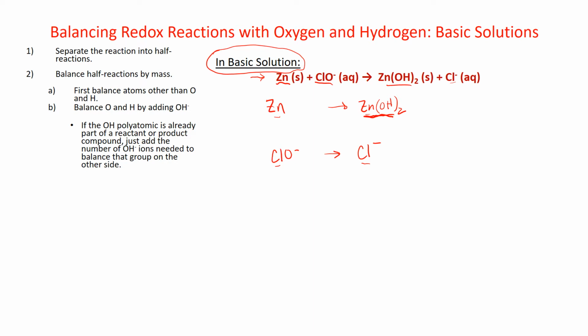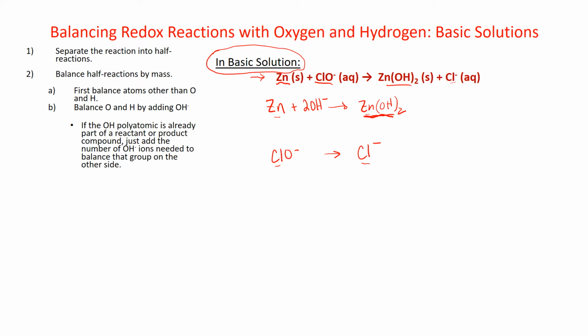So if I know for this first half reaction that on the product side I have zinc hydroxide, which contains two OH groups, two hydroxides within it. Well, I need to balance that on the left-hand side, but I can do it very simply by just adding those two hydroxide polyatomics, the anions with the negative charge, to balance out the oxygen and hydrogen.